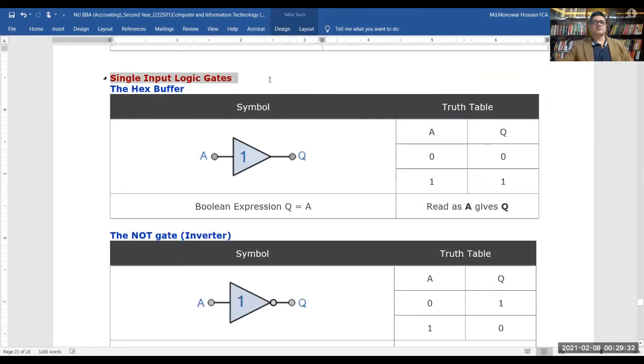Now single input logic gates, the hex buffer, where the symbol is that, and the Boolean expression is Q equal to A. And we have to read the truth table as A gives Q: A 0, Q 0, A 1, Q 1.